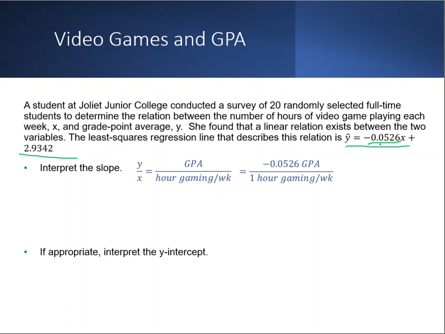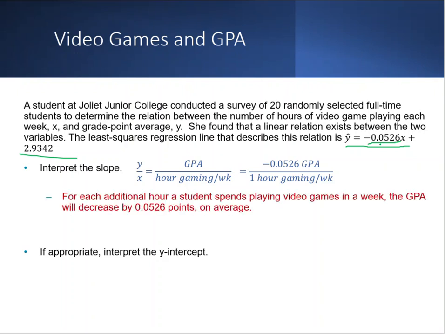In order to interpret it, I'm going to start with our explanatory variable. For each additional hour a student spends playing video games in a week, the GPA will decrease by 0.0526 points on average. So I have both variables identified in my sentence, the hours spent playing video games as well as your GPA.